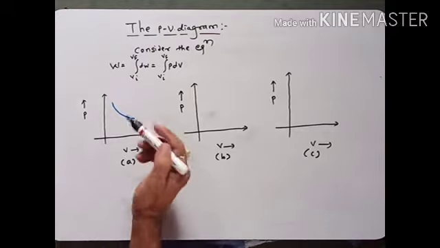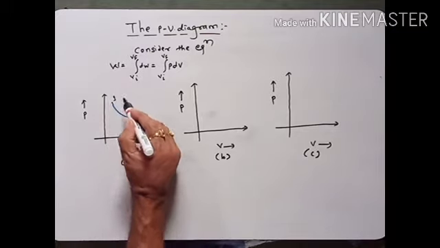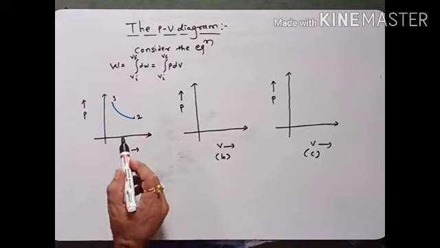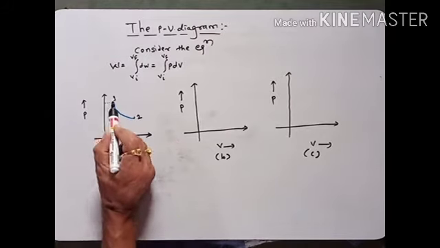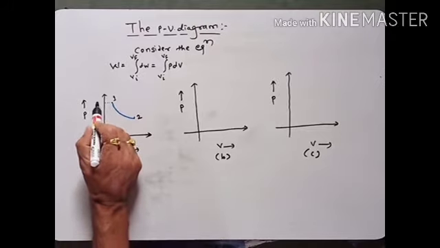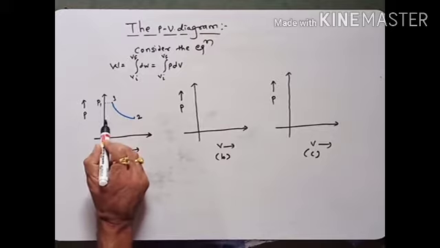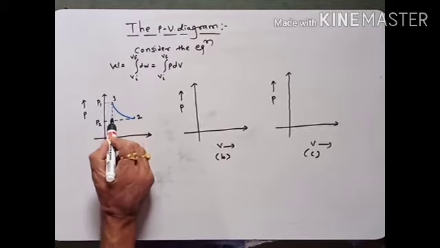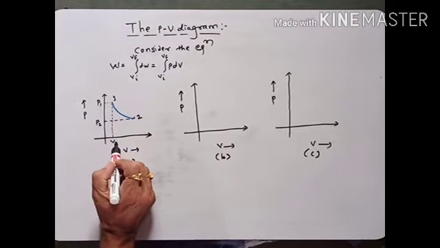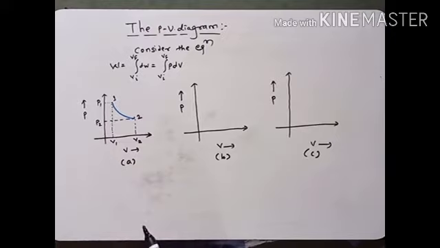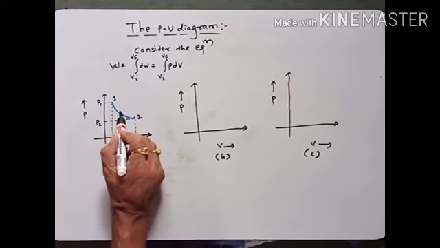This is 1, this is 2. We consider pressure P1, pressure P2, volume V1, and volume V2, from 1 to 2.